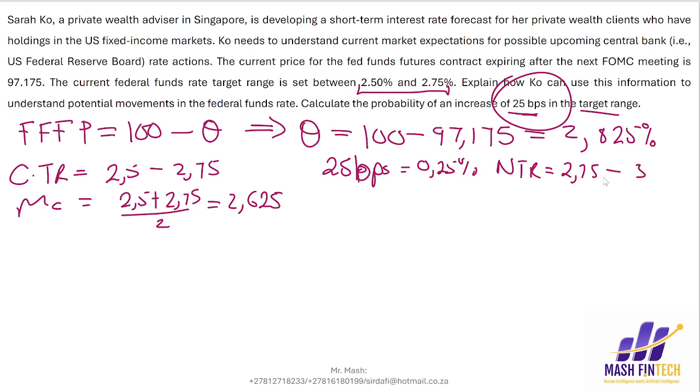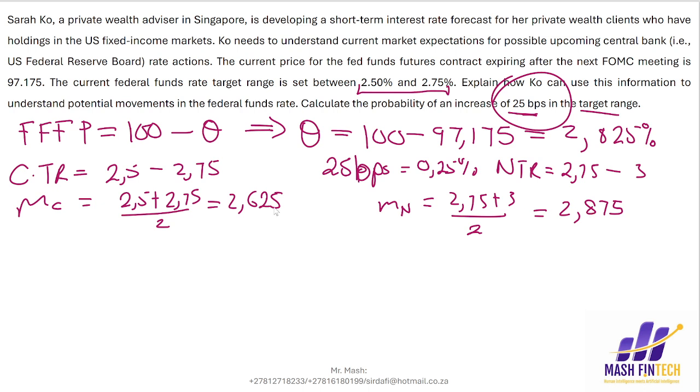This is the new range, and the midpoint of the new range is 2.75 plus 3 divided by 2, and you should get an answer of 2.875.